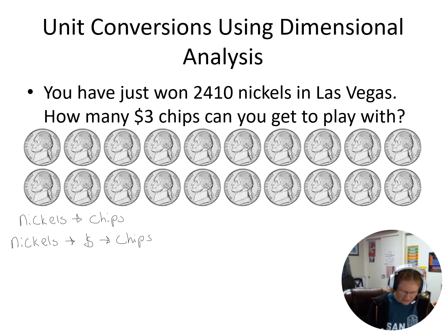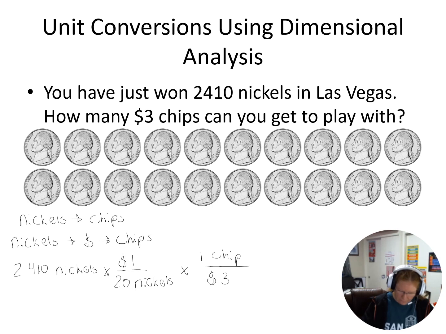So we're going to take our 2,410 nickels. Okay. We have $1 for every 20 nickels. All right. And then we get 1 chip for every $3. So nickels will cancel, dollars will cancel, and we are left with our $3 chips.